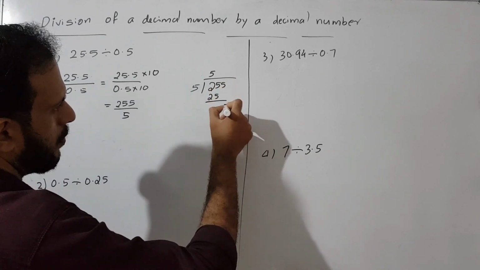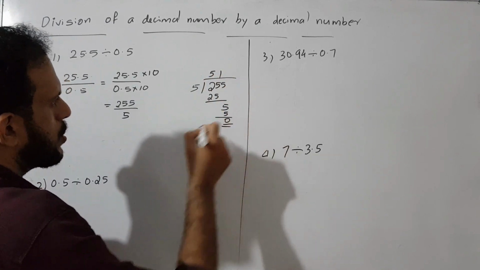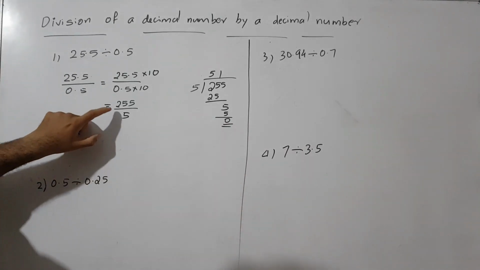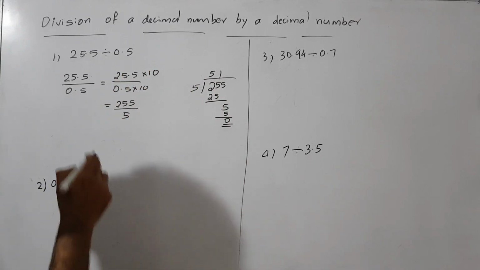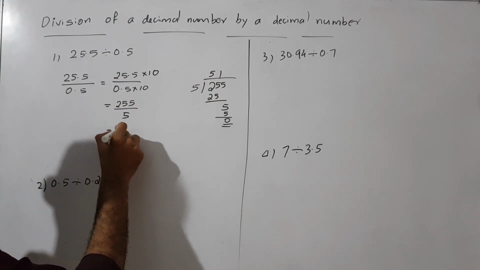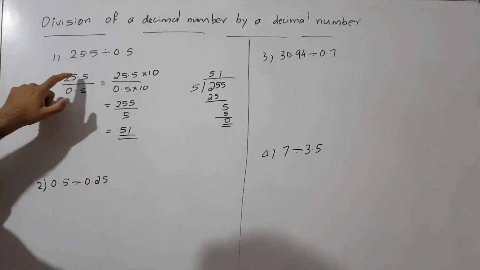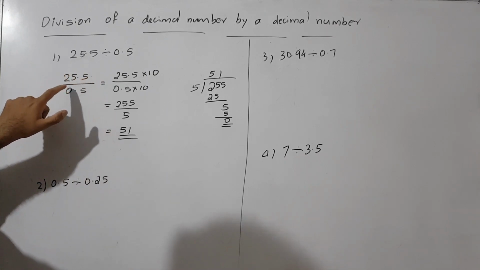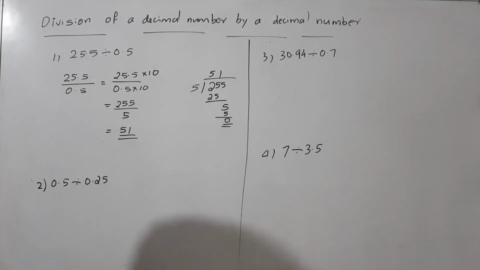Then put down 5, how many times? 150. So here we are dividing 255 by 5. Then what is the answer? The answer is equal to 51. Okay, then what is the answer if we divide 25.5 by 0.5? The answer is 51. So we go to the next one.